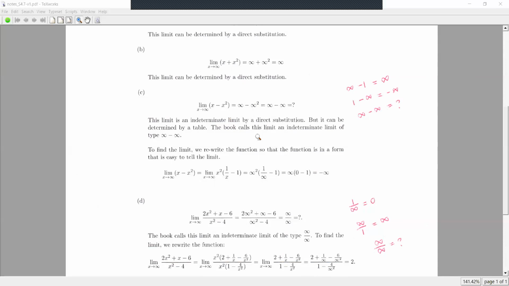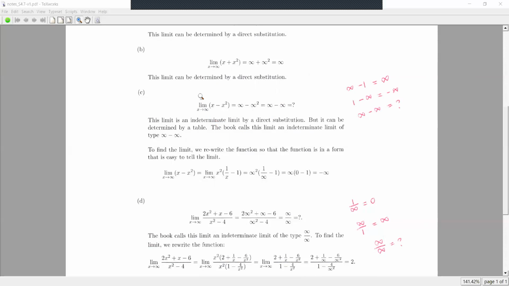The book calls this limit an indeterminate. Indeterminate means cannot be determined by direct substitution. The book calls this an indeterminate limit of the type infinity minus infinity.